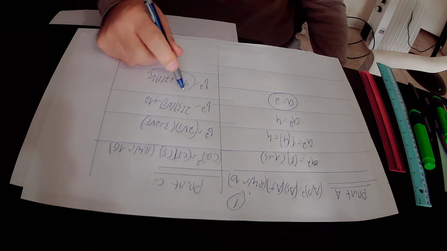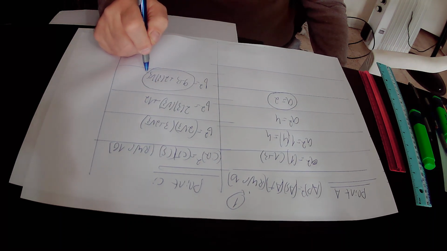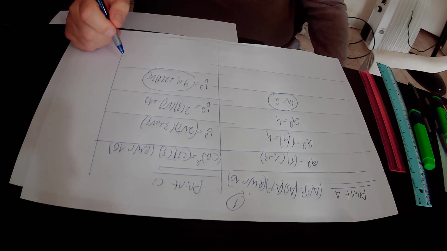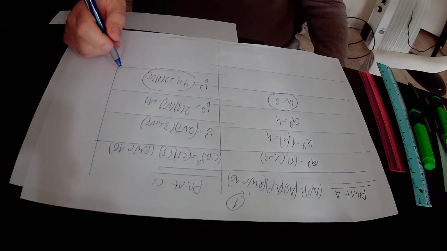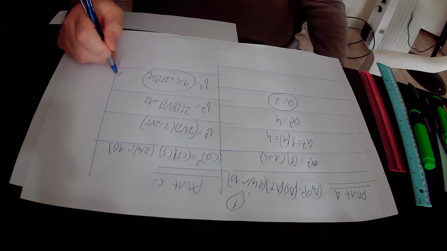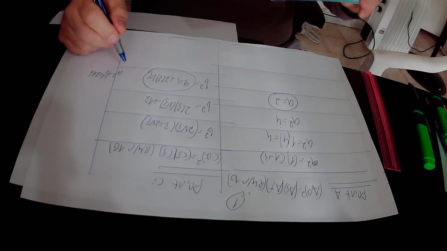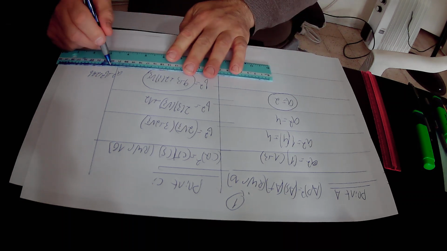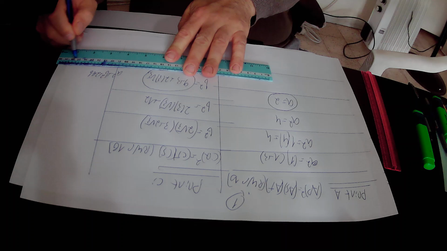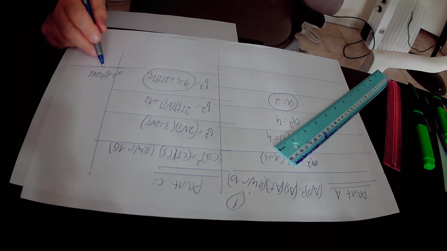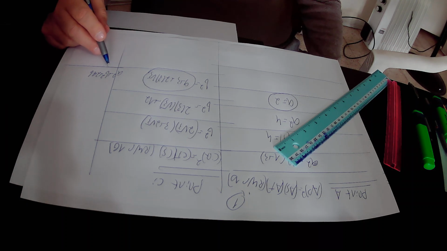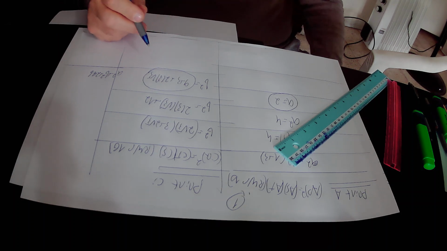This expression 9 plus 3 plus 2 times 3 times square root of 3 is equivalent to A squared plus B squared plus 2 times A times B. If we just substitute A by 3 and B by square root of 3 in this expression, we get that A squared plus B squared plus 2 times AB equals 9 plus 3 plus 2 times 3 times square root of 3.